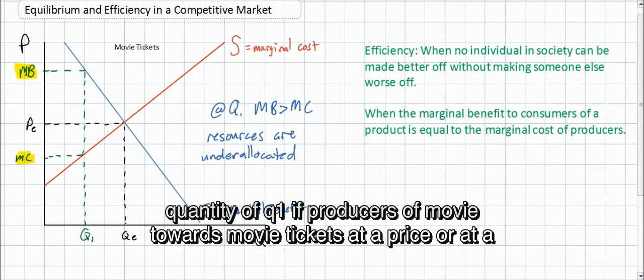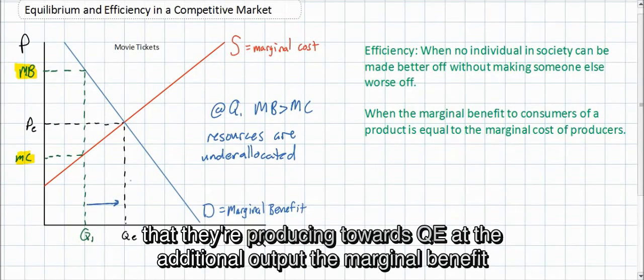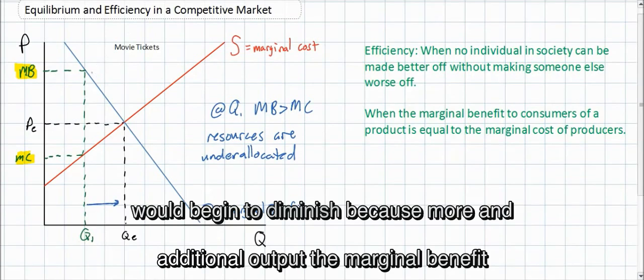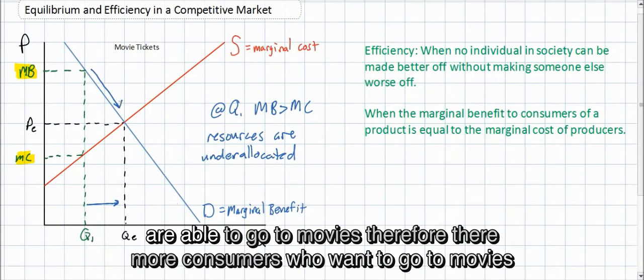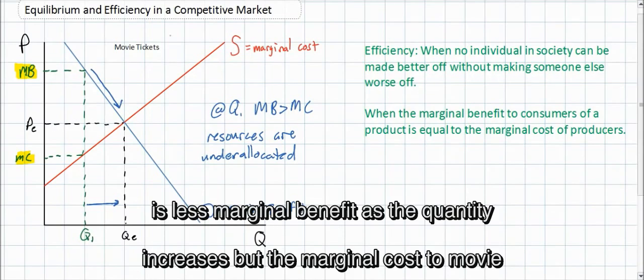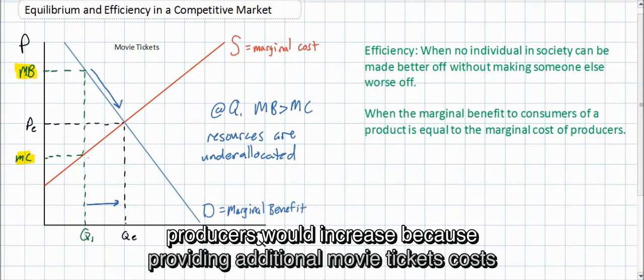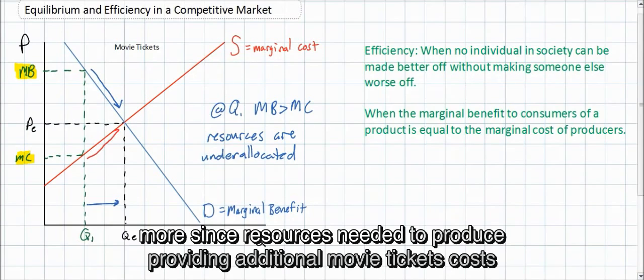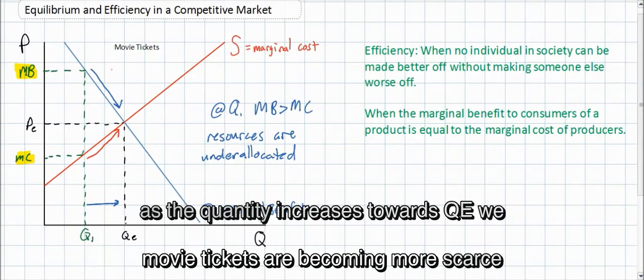If producers of movie tickets were to increase the quantity that they're producing towards QE, at the additional output, the marginal benefit would begin to diminish because more and more consumers who want to go to movies are able to go to movies. Therefore, there is less marginal benefit as the quantity increases. But the marginal cost to movie producers would increase because providing additional movie tickets costs more, since resources needed to produce movie tickets are becoming more scarce.